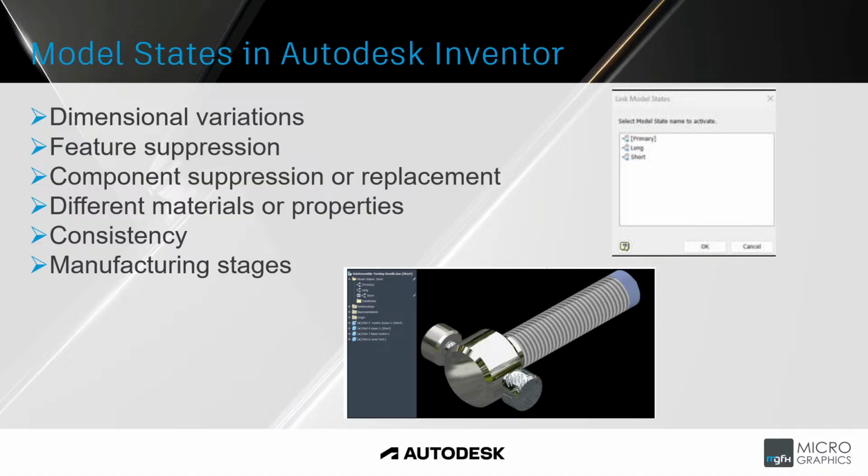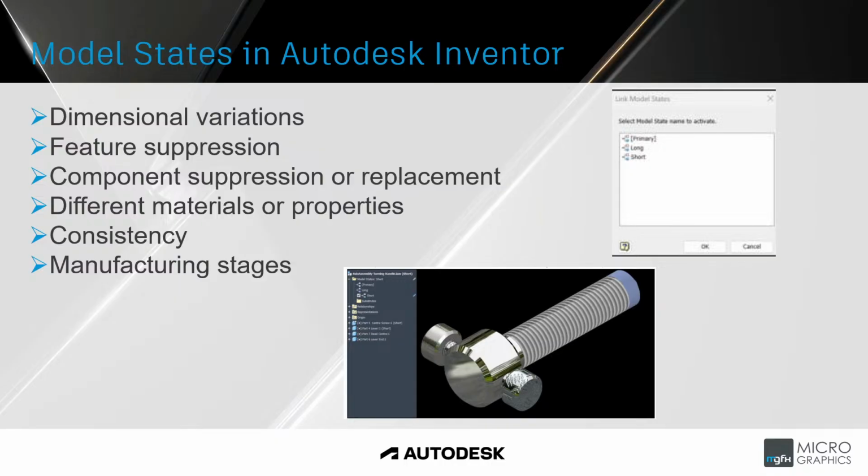Now, some of the use cases for model states, we can think about the manufacturing process stage, where you can show castings, forgings, machining, and even finished states of your part. Configurable product variations, where you model different sizes, features, or options, for instance, a product family.